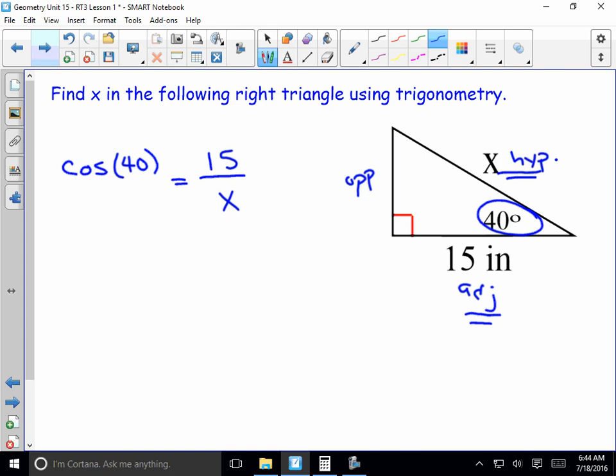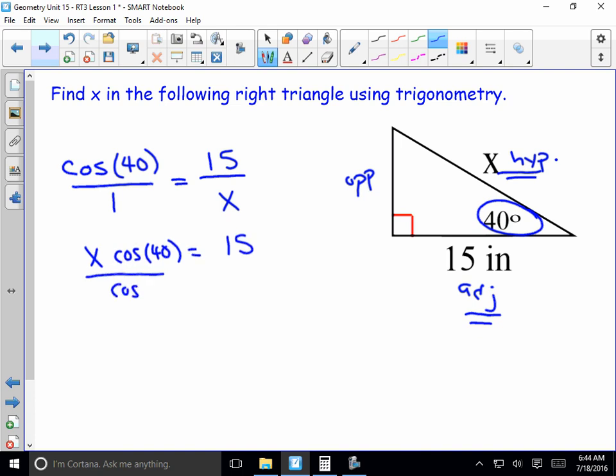Now, if you remember, our entire second semester is ratio type problems. We use ratios for almost every unit, and this unit will be no different. We can turn it into a ratio by just putting 1 under the cosine of 40. And then all we do is cross multiply and solve. So we have x times the cosine of 40 equals 15.